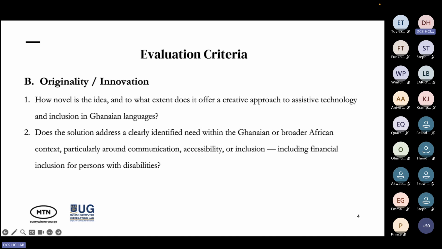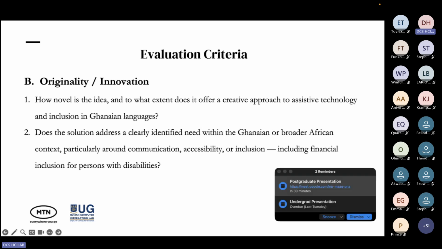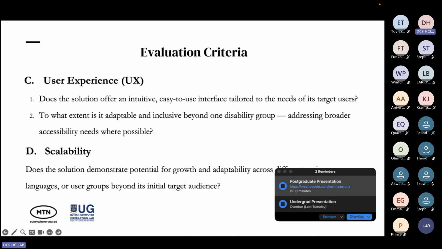Does your solution address a clearly identified need within the Ghanaian context, particularly around communication, accessibility, or inclusion? So I think it's safe to say that the keywords governing this year's hackathon would be communication, accessibility, and inclusion. We would also be looking into your user experience.